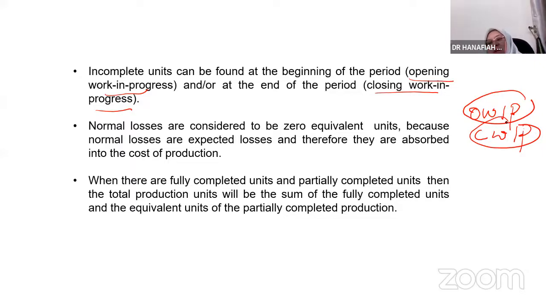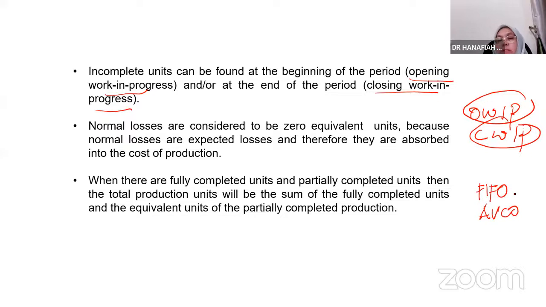And again, you are going to do similar to yesterday's exercise or example, where there is normal loss or no normal loss. We have a few situations today that we have to look at, whether we are going to use the FIFO method or average cost.